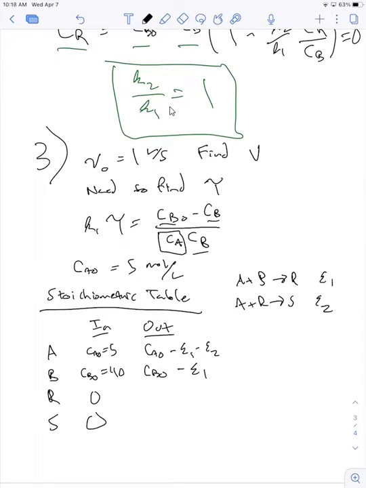And then our CR out is going to be equal to extent 1 minus extent 2. And then S out will be equal to extent 2. So our CA is what we need to find.